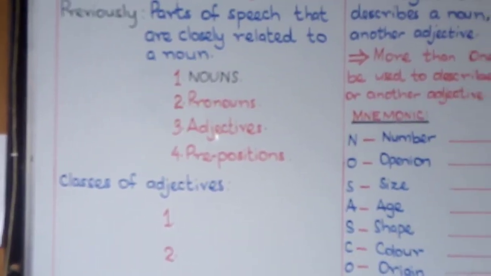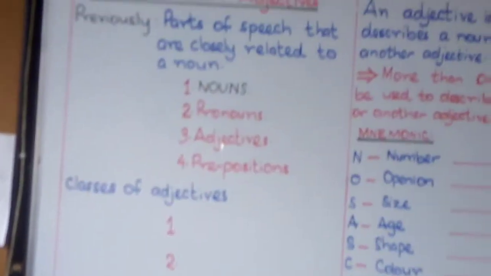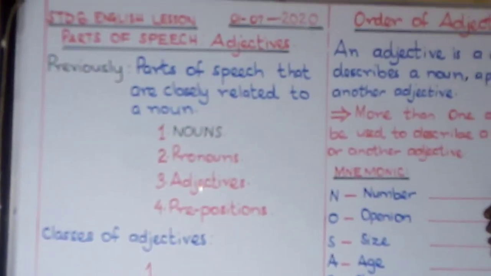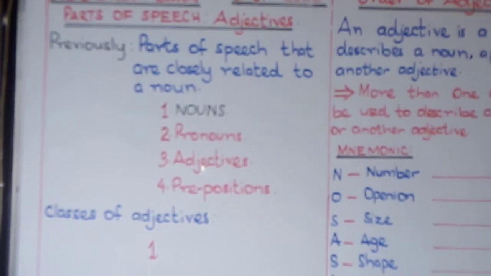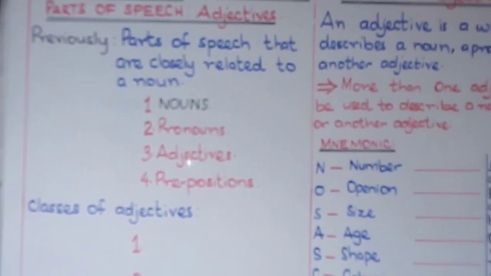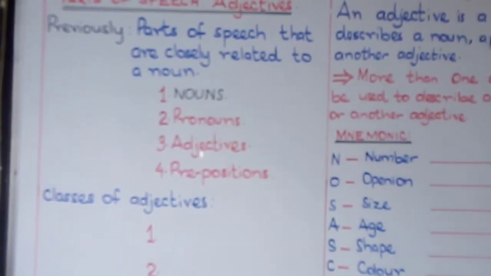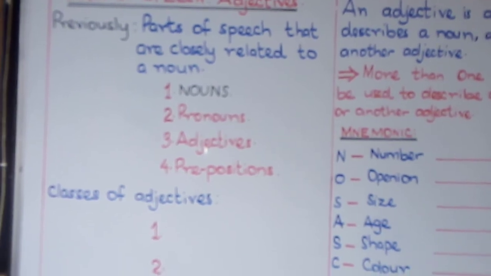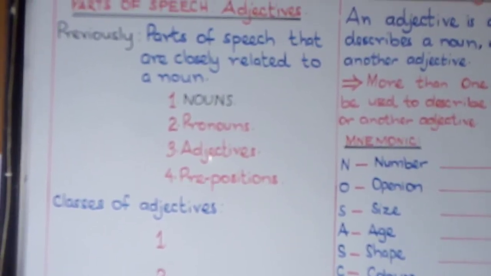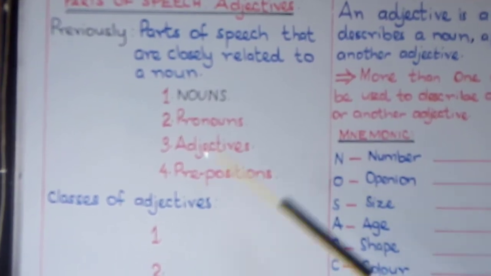Generally, it's a name of a place, a person, a thing, an animal, a building, a country, a lake, a mountain, a river. All those names are called nouns. It's also a name of a situation, a name of a feeling, right?